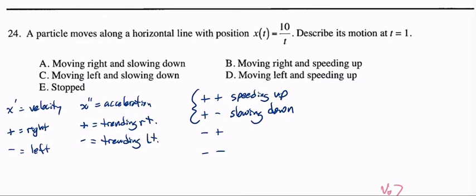Now let's talk about the negative velocities. If you're going to the left and there's a positive acceleration, that positive acceleration is going to make this negative velocity smaller until it becomes positive. So this one would be slowing down.